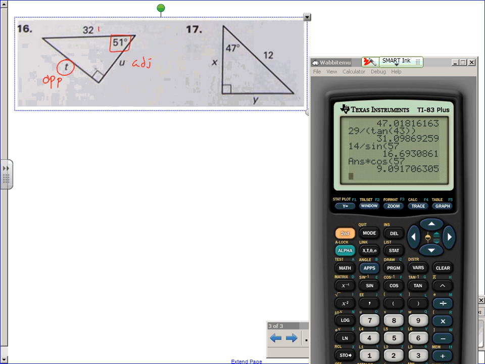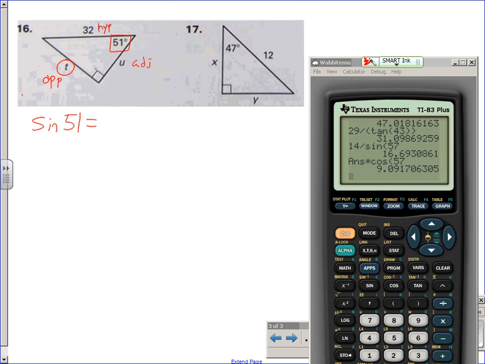Across from the right angle is always the hypotenuse. So to find T, opposite and hypotenuse, that is our sine function. So the sine of the angle, 51, equals the opposite, which is T, over the hypotenuse, which is 32.